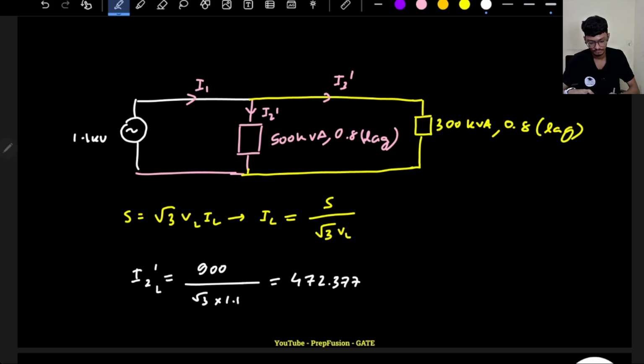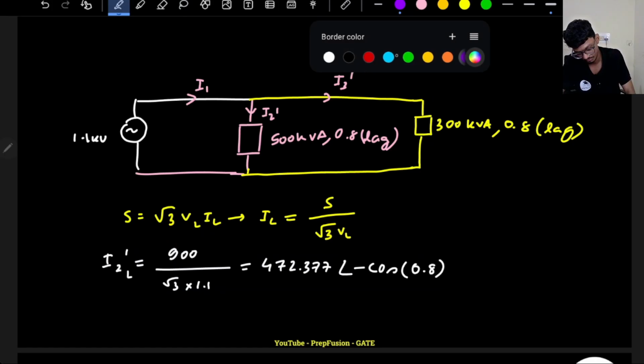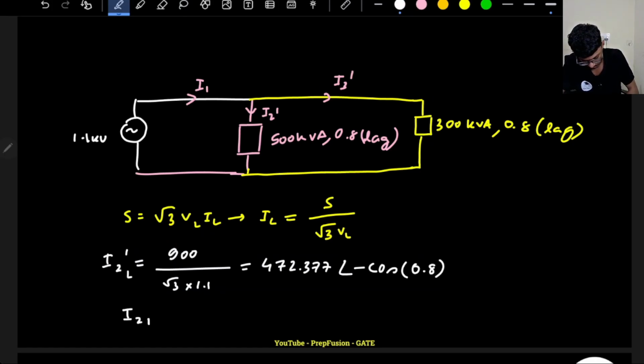The angle will be minus, since it is lagging, cos inverse 0.8. So I2L dash will be 472.377 angle minus 36.86 degrees.